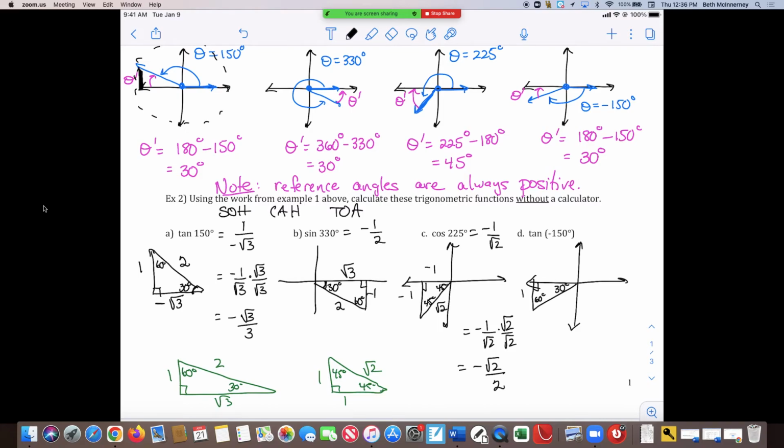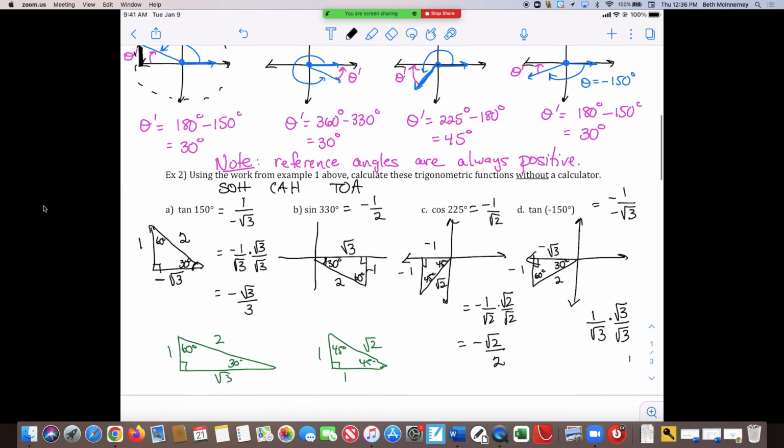The hypotenuse is double, and across from 60 is the square root 3. So this is left and down. And I'm going to use TOA. So it's opposite, negative 1 over negative square root 3. Two negatives become a positive. And I'm going to multiply by square root 3 over square root 3.